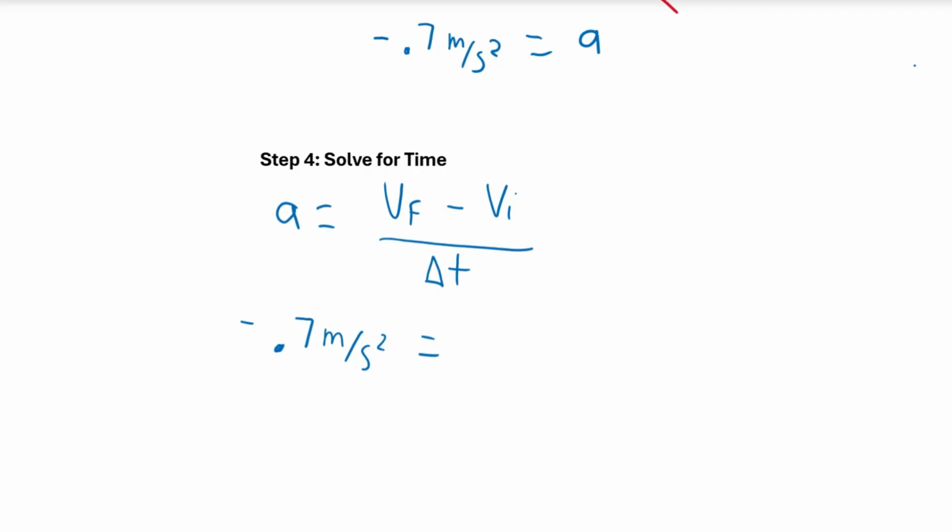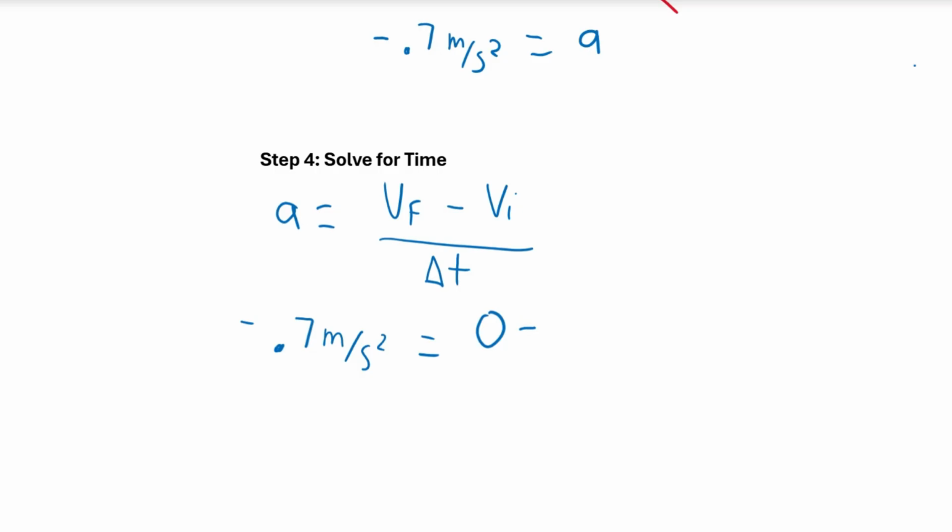What is the final velocity in this scenario? The final velocity is 0 because we're saying how long does it take the train to stop. So the final velocity is 0 and we are going to subtract the initial velocity.